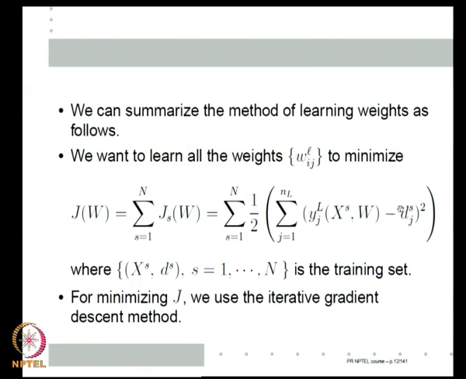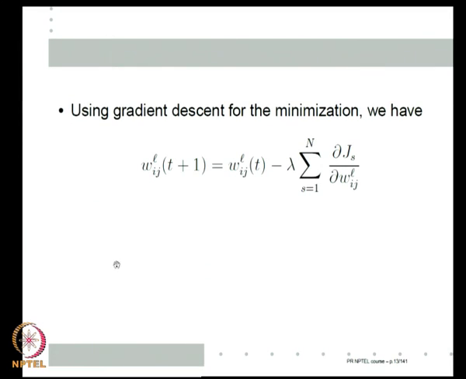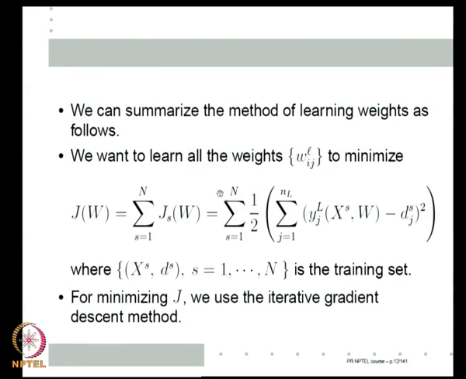So, essentially we want to find W to minimize J, that is, minimize the squared error, and the way we are minimizing is by using iterative gradient descent. What will be the iterative gradient descent? w_ij^l(t+1) is w_ij^l(t) minus lambda times the partial derivative of J(W) with respect to w_ij^l, where t is the iteration count.